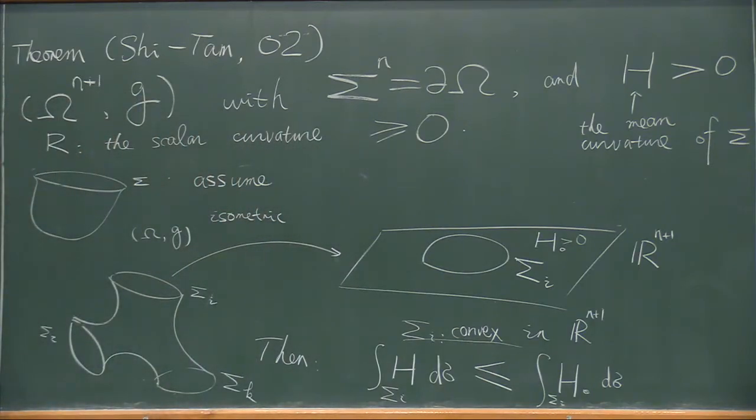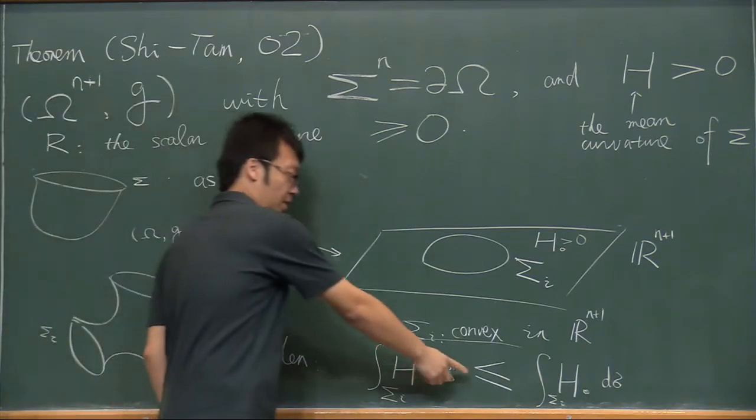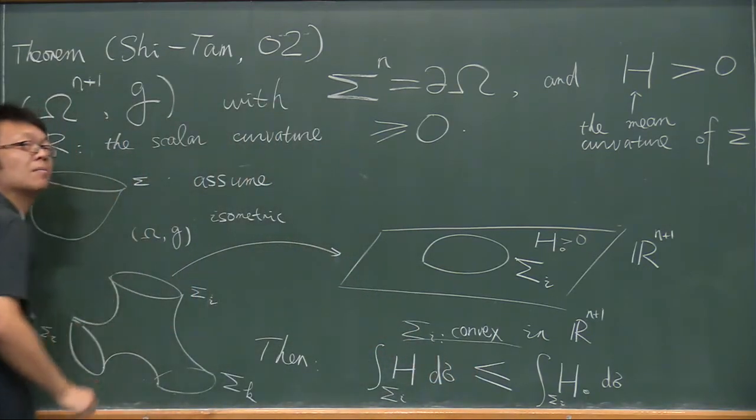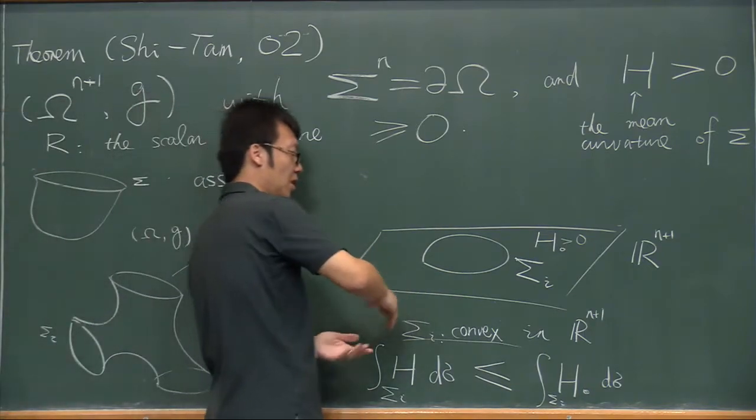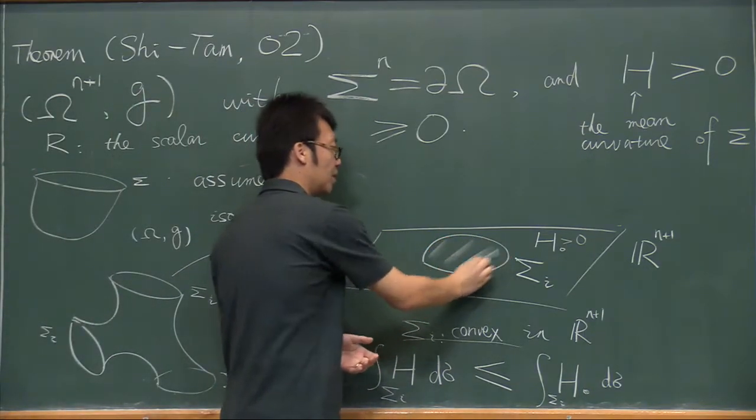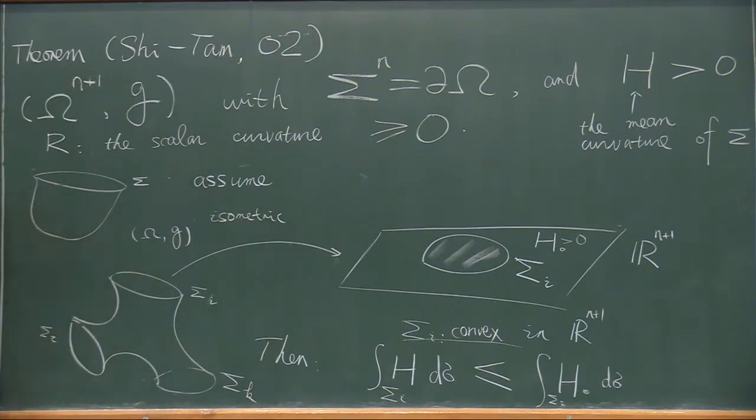And the result is one has a comparison theorem regarding these two total mean curvatures. And moreover, equality holds for one boundary component only if the boundary is connected and the whole manifold is isometric to the domain bounded by the hypersurface in the Euclidean space.